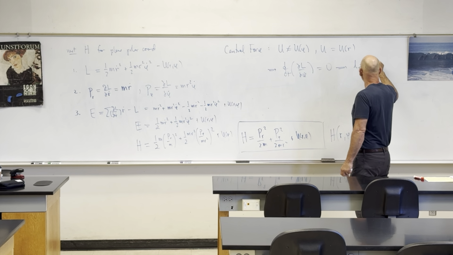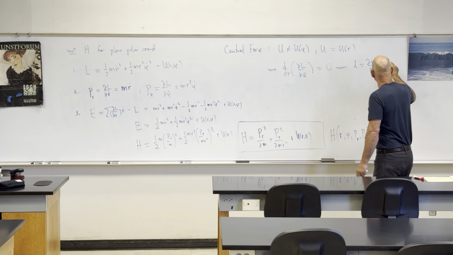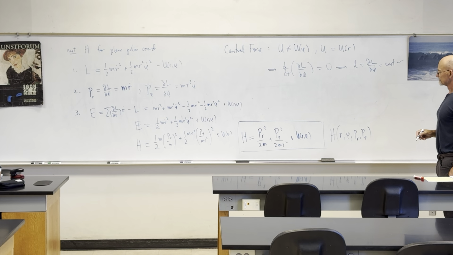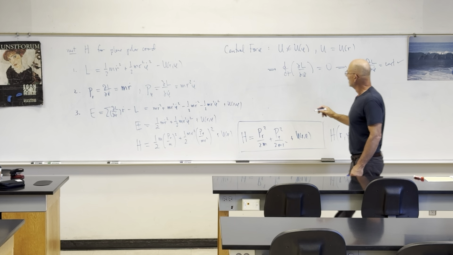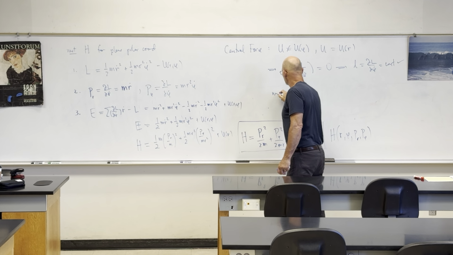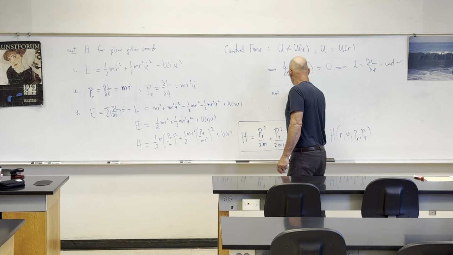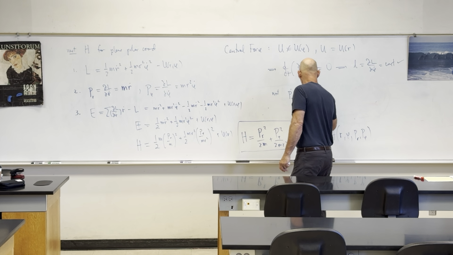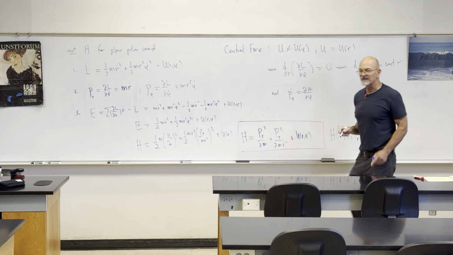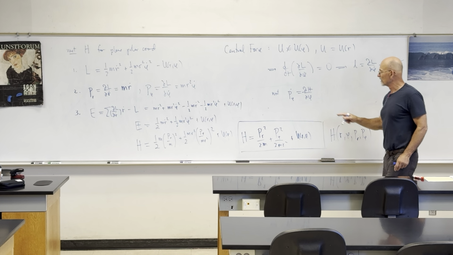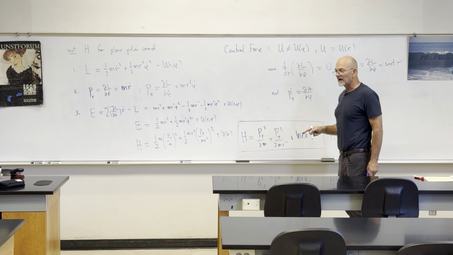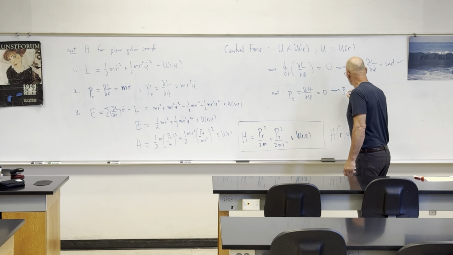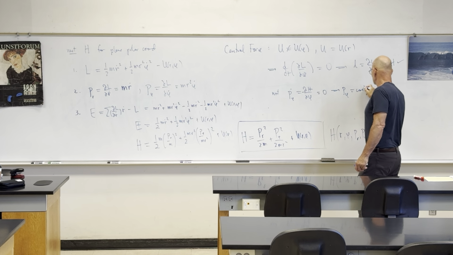L, dL by d phi dot, was a constant. What about the Hamilton equation of motion? So next we have p sub phi dot equals minus dH by d phi. That's the Hamilton equations. p dot equals minus dH by dq_i, right, just like that, equals 0. That means p sub phi is equal to a constant.